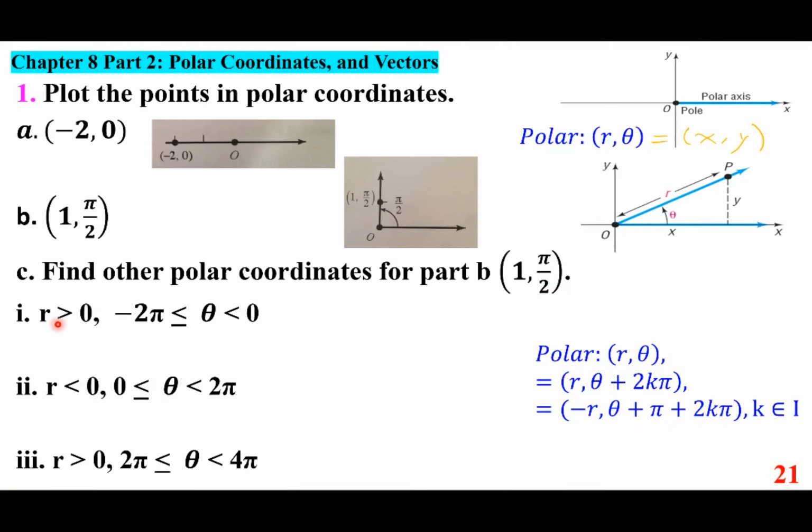So I want r to be positive, but I want this to be negative, so I'm going to subtract 2 pi. I want r to be negative, so I'm going to put this -1. But I still want this to be positive, so I add a pi to pi over 2.